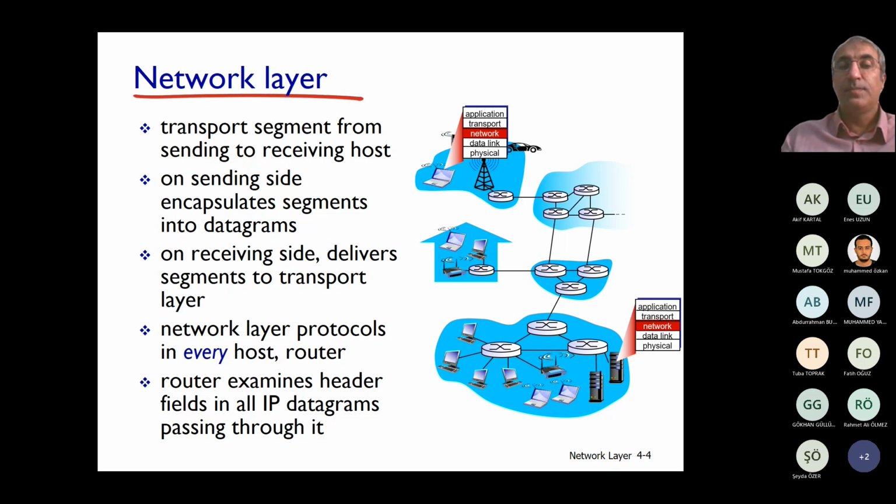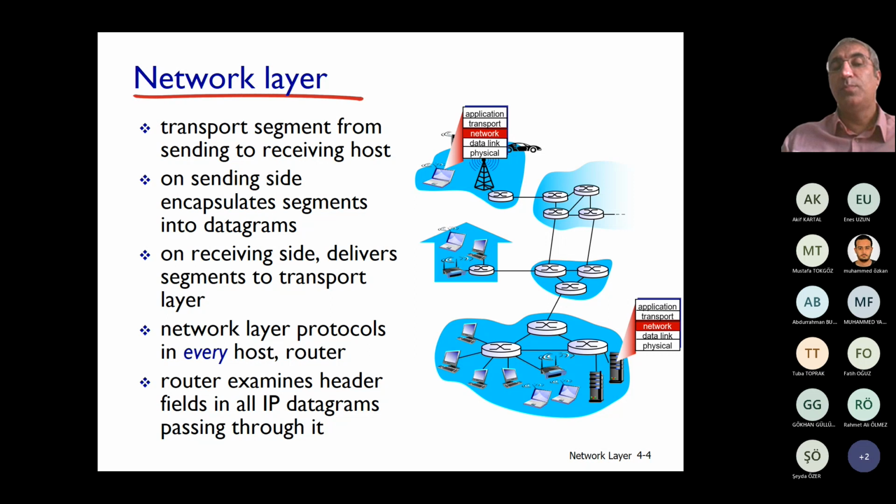So in this case, on the sending side, we encapsulate the segments into datagrams. We call them datagrams. And we pack these segments into datagrams at the network layer. And then we transmit, send to the receiving host. On the receiving side, we deliver these segments to the transport layer by removing the header of the network layer.